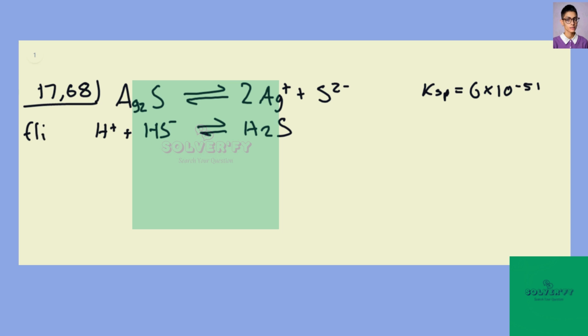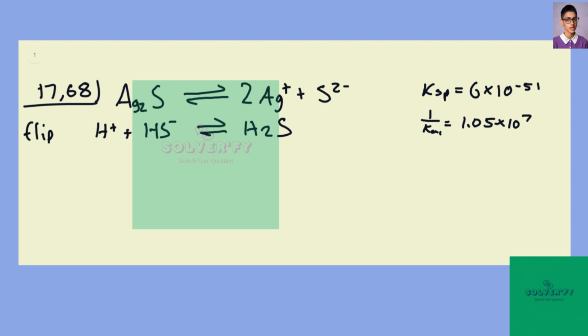So as a reminder, we flipped this, so that means that we need to do 1 divided by Ka1 because of the flipping, and that gives us a value of 1.05 times 10 to the 7th power.